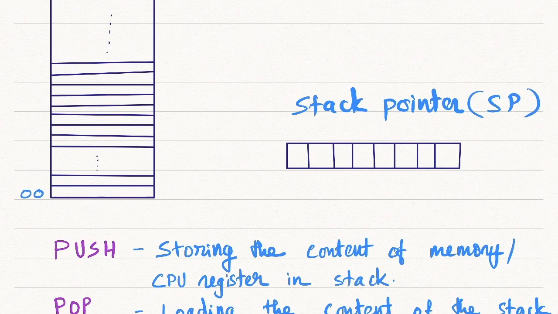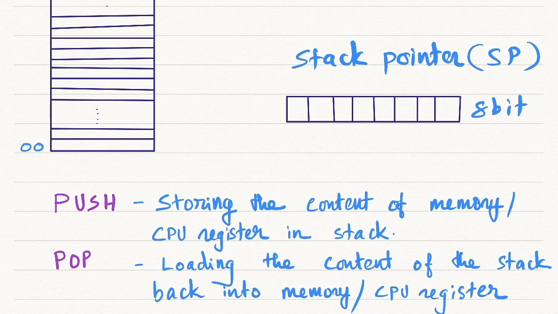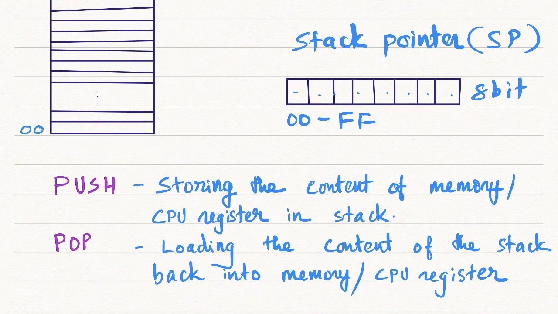Since the stack pointer is an 8-bit register, it can hold an address from 00 to FF. There are 8 bits, so it will hold any value between 00 and FF. When an 8051 is powered up, the default value of the stack pointer is 07.